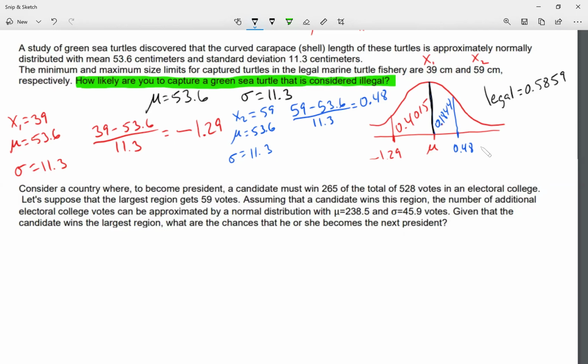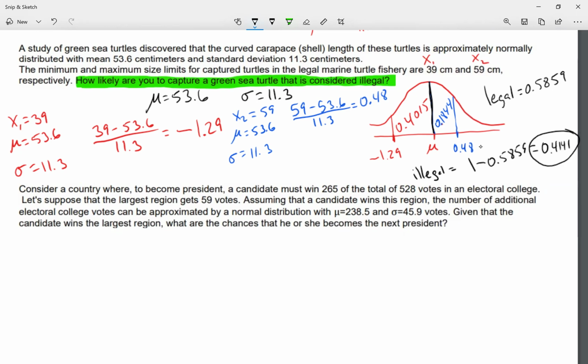If 0.5859 is legal, for me to find out how many illegal fishes are out there, I'm gonna do 1 minus the legal, so 1 minus 0.5859, according to my calculator, is 0.4141. Beautiful.